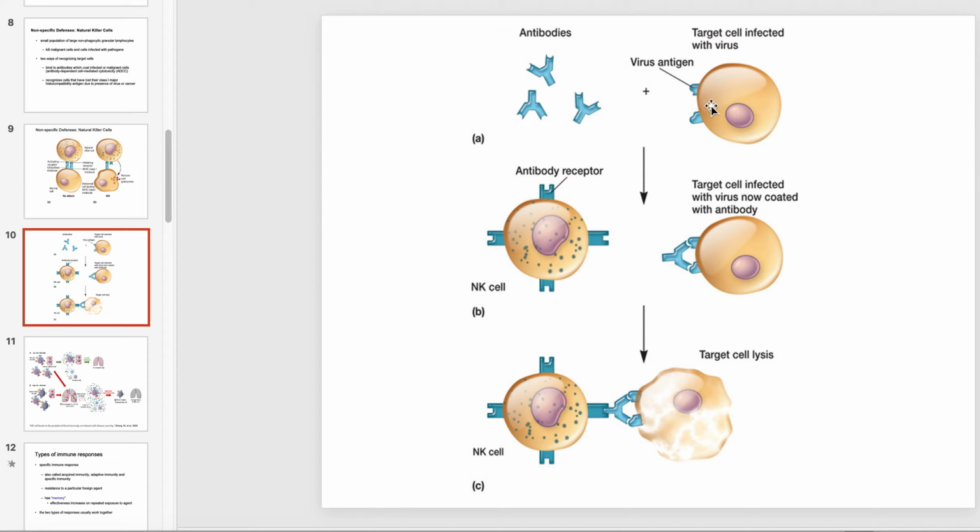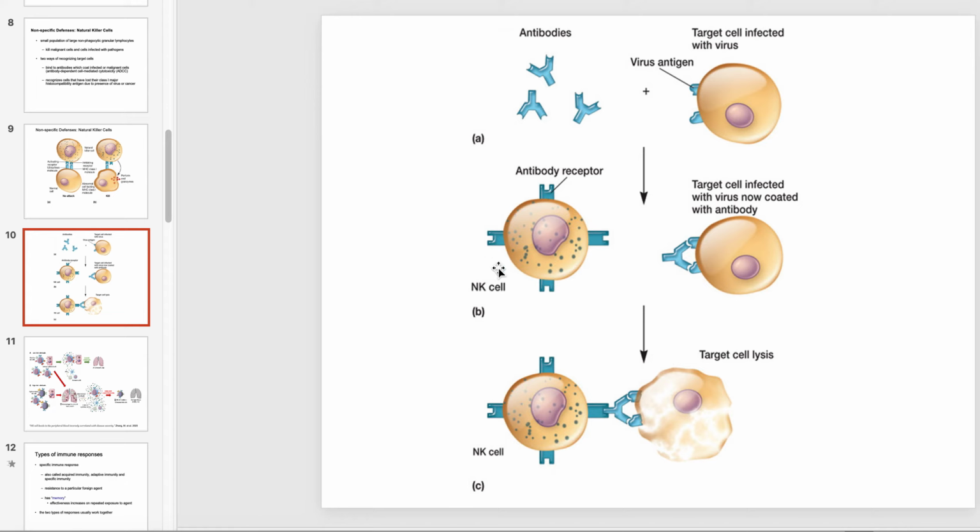And one thing that virus-infected cells do is they display antigens. They display pieces of the virus on their surface, and that would trigger an antibody response. And so that's what's happening here. And since this NK cell has antibody receptors on its surface, it can bind to that more efficiently and then pump this guy full of toxins to kill it.